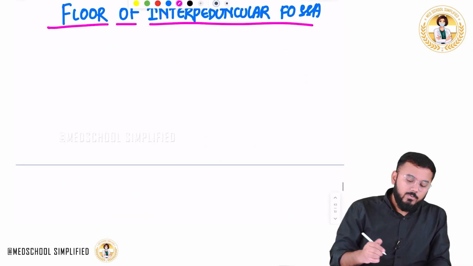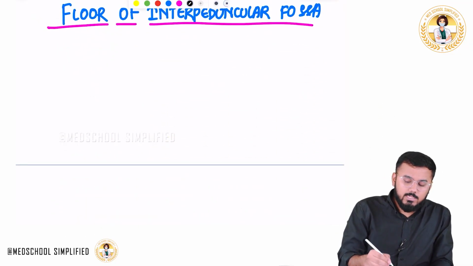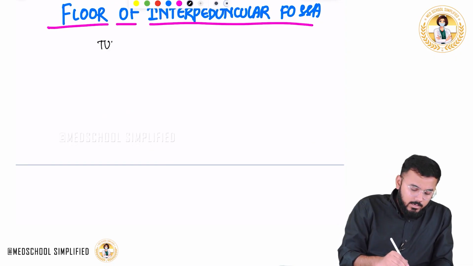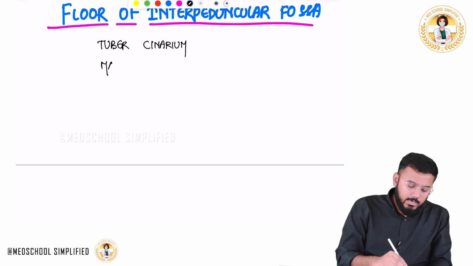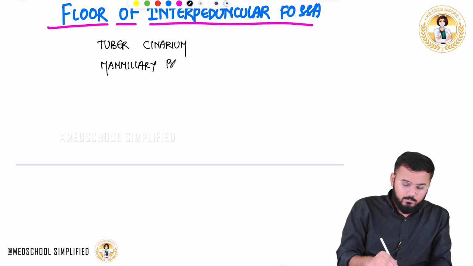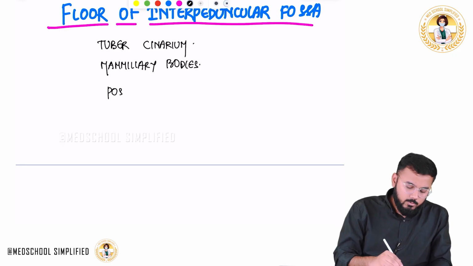So let us write it down. Floor is consisting of three important things. One is called as tuber cinereum. Second is called as mammillary bodies. Third important thing is called as posterior perforated substance.